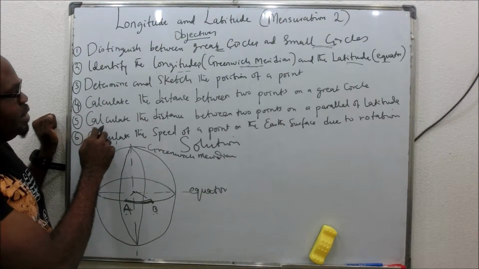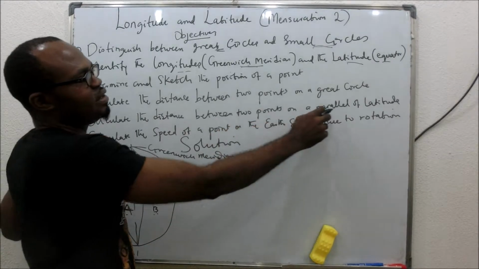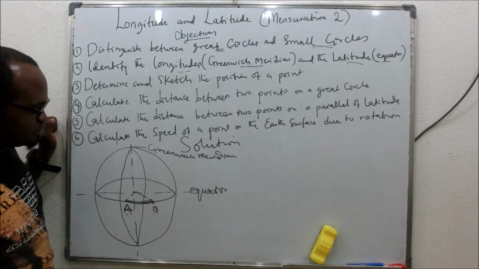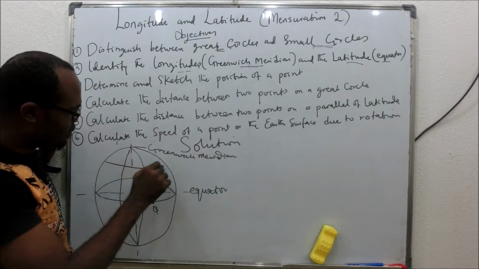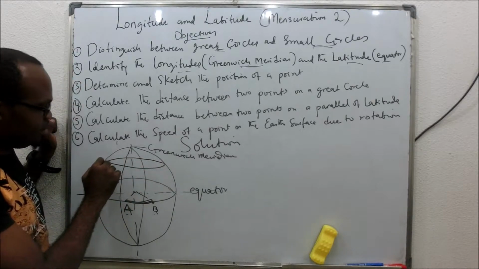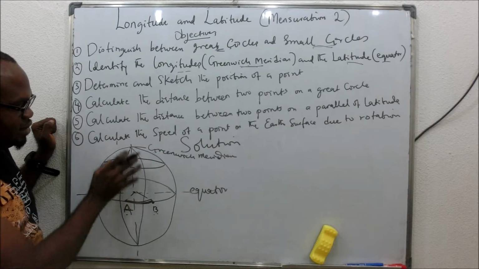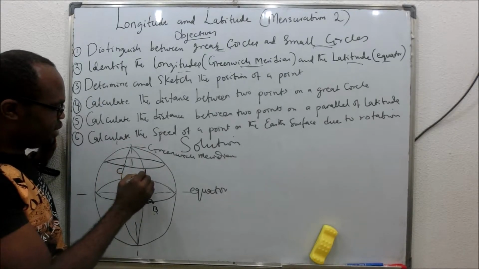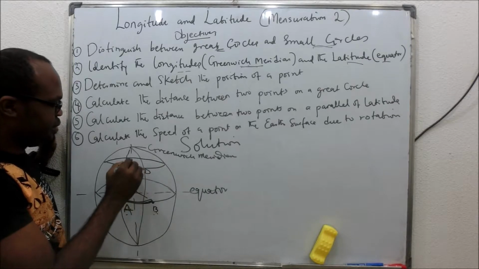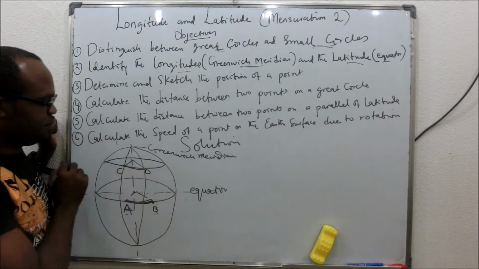We should also be able to calculate the distance between 2 points on the parallel of a latitude. So if you also have another latitude here, which is a small circle because it's not dividing the Earth into two equal parts, you can also calculate the distance between C and D. So we can always do this calculation.